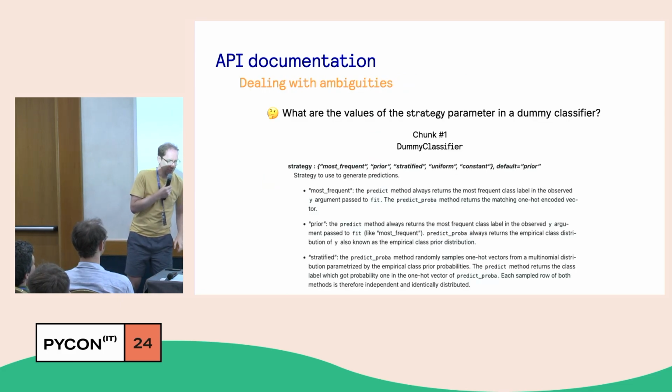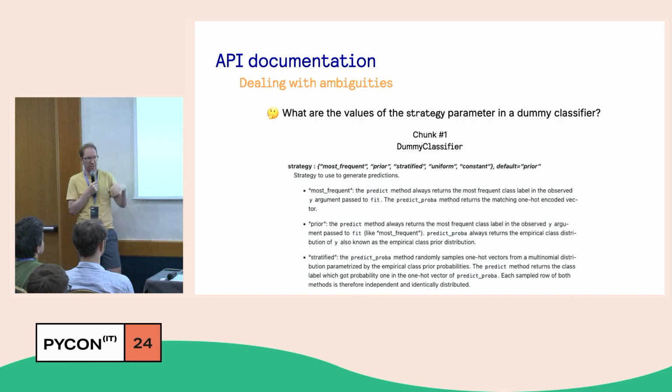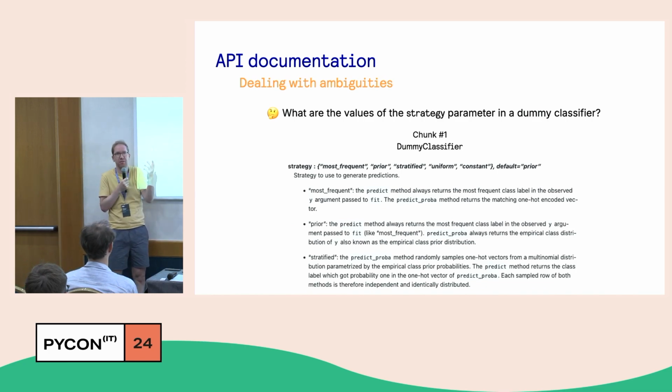And the very interesting thing is if I use just a normal retriever, checking with the chunks that we had before, and I want to answer that specific question, which is: what are the values of the strategy parameter in the dummy classifier? I will get matches of words that are along the lines of strategy, okay?